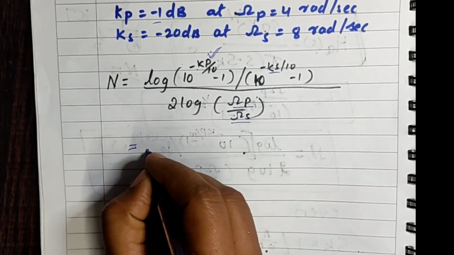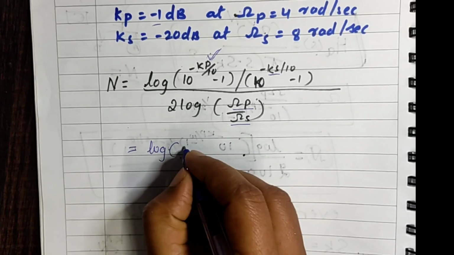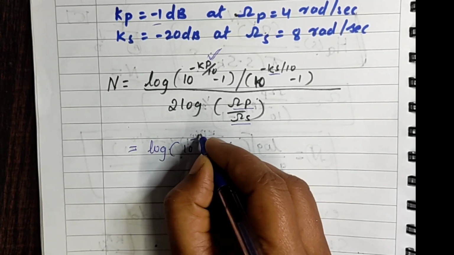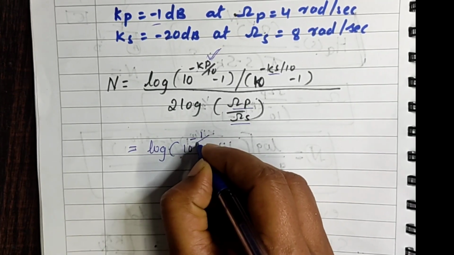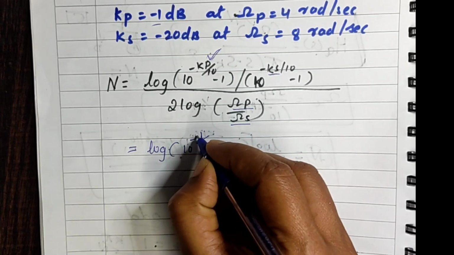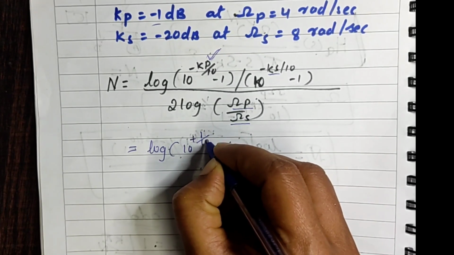So log of 10 to the power of minus Kp, which is minus 1, so minus of minus 1 is plus 1, by 10.